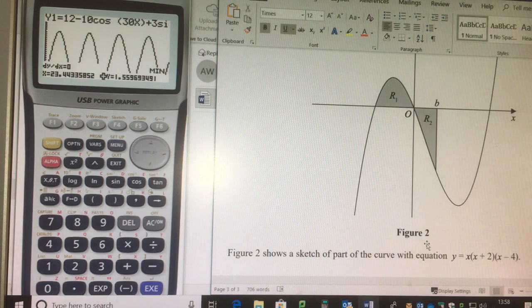So if you've done it right, your area should be 13.332. Yeah, everyone got that?